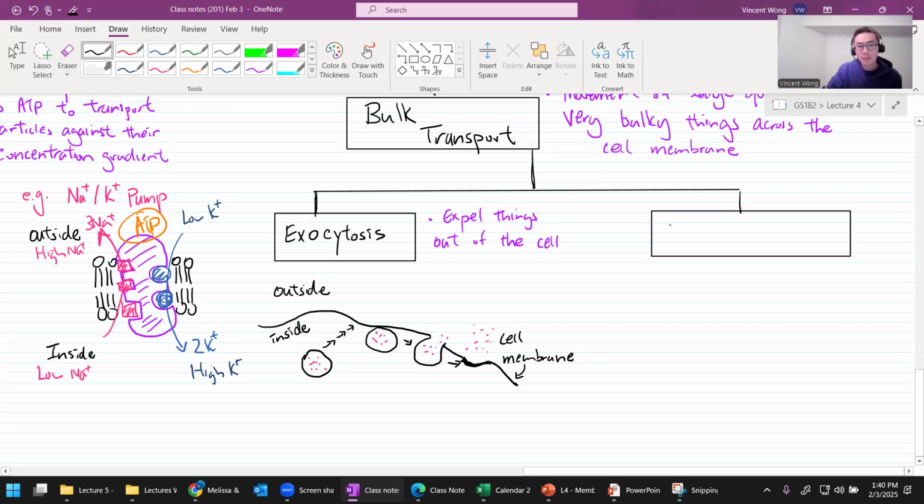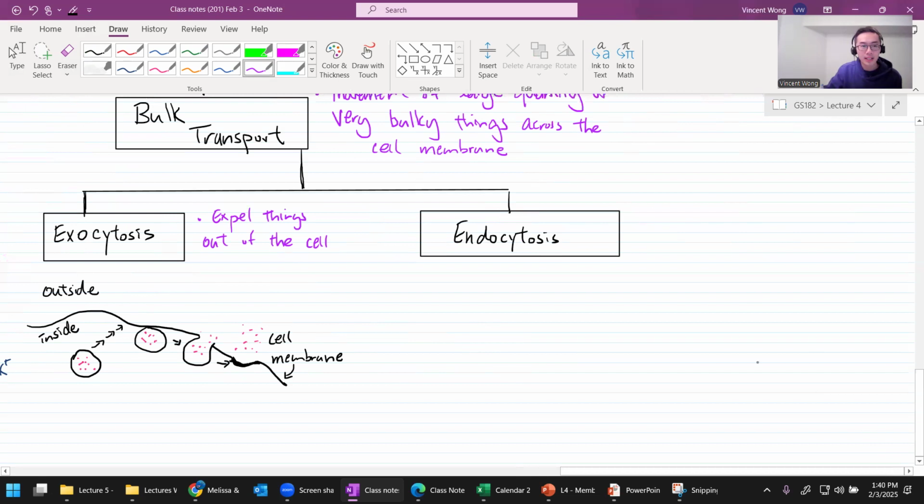All right, the next part is endocytosis. Okay, and endocytosis is the opposite of exocytosis. Instead of expelling things out of the cell, we are bringing things into the cell.